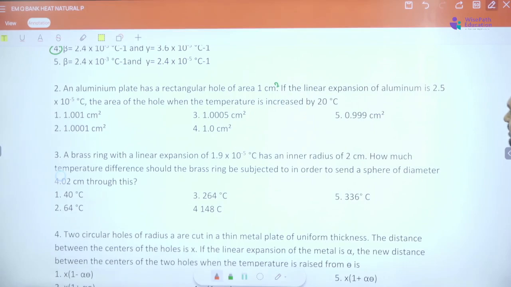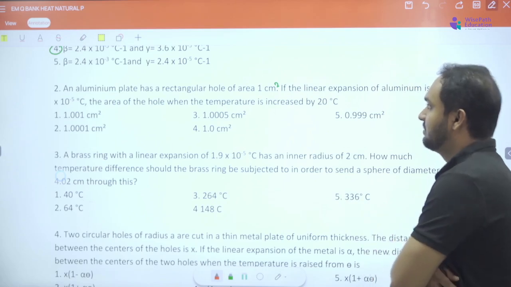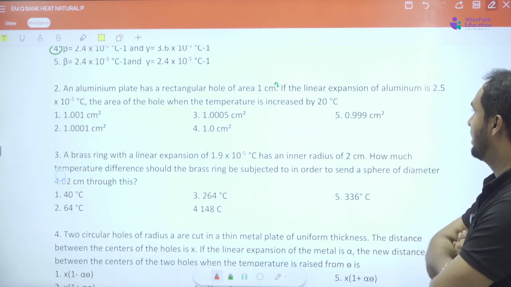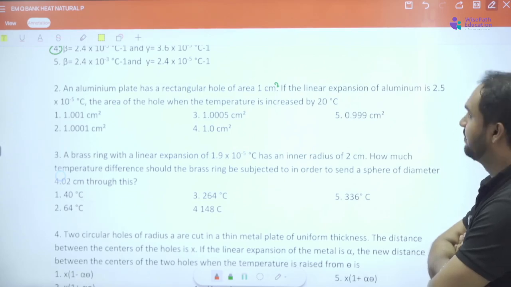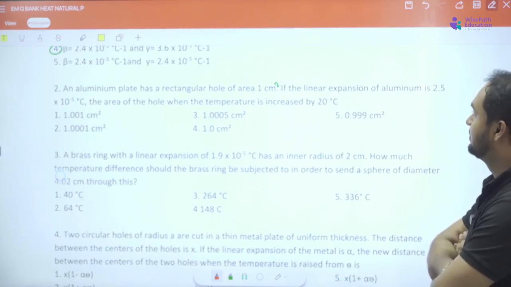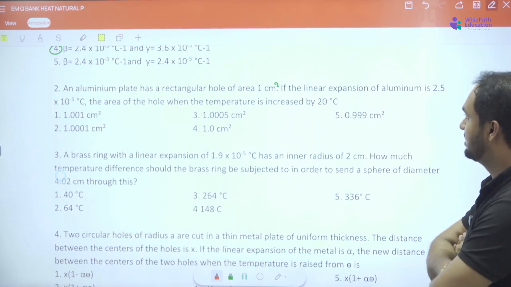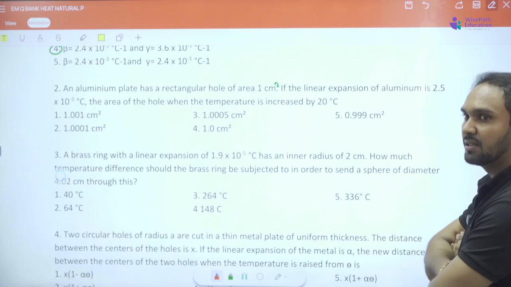If the linear expansion of the aluminium is 2.5 into 10 to the power minus 5, what is the area of the hole when the temperature is increased by 20 degrees Celsius? They are asking for the final complete area. What is the formula for that?